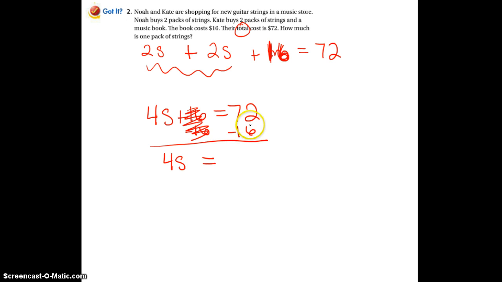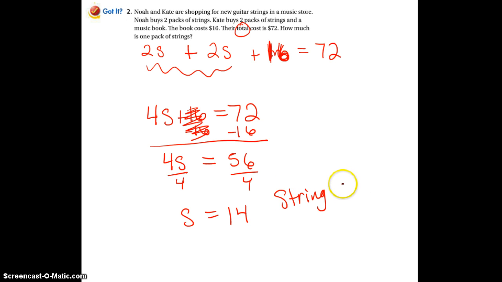So now we have 4s equal to 56. We'll divide both sides by 4. So s is equal to 14. So the strings, 2 packs of strings, how much is 1 pack of strings? Each pack of strings is $14.